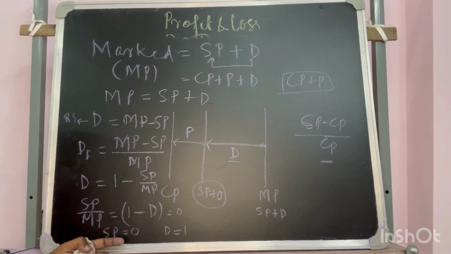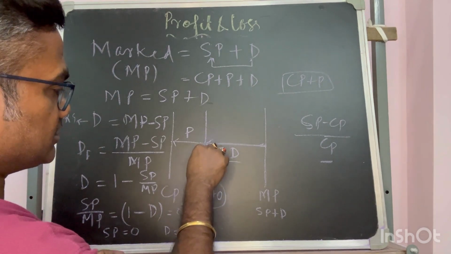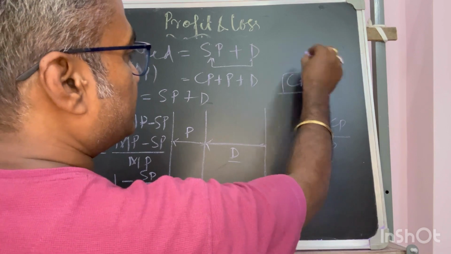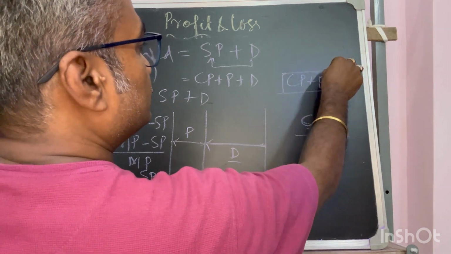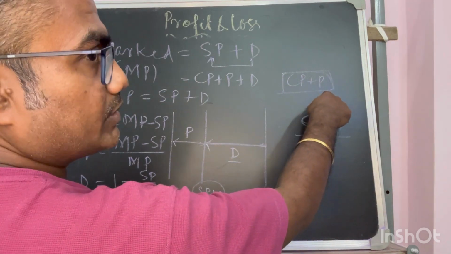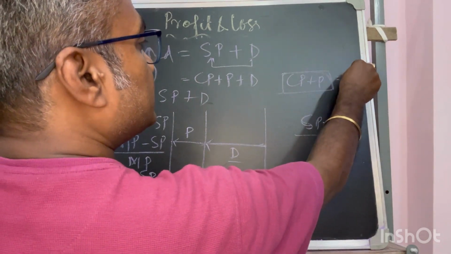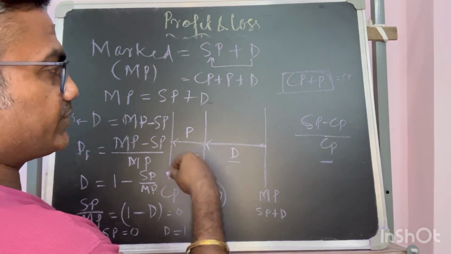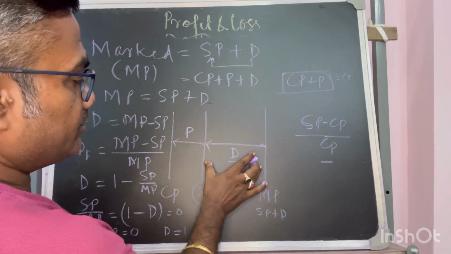Is it possible that a selling price is equal to 0? That means the seller is not getting anything out of it. That means the seller has reached the price at which he has purchased, and he is selling at that price, because this will be the cost price for him, the seller, who is further selling it with a margin of discount.